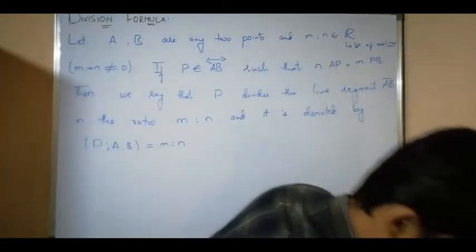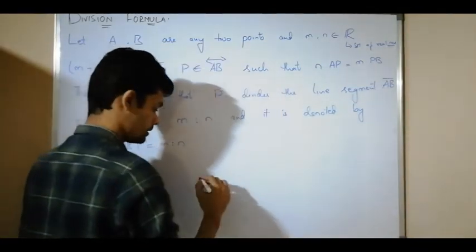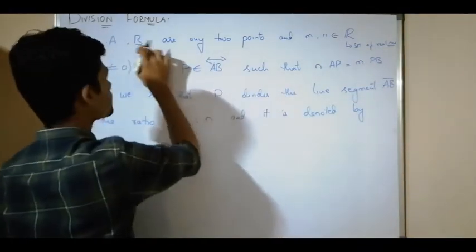What does it mean? I am going to take a line which passes through the 2 points.